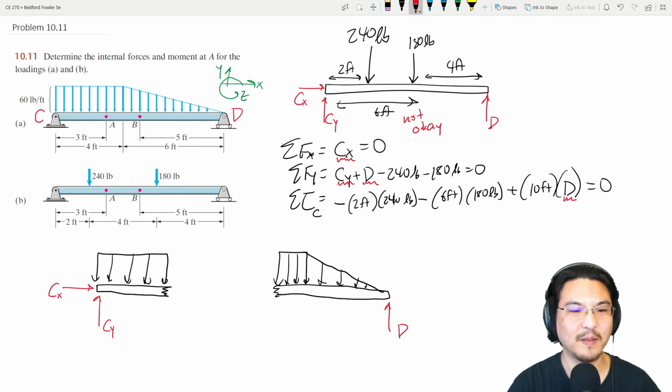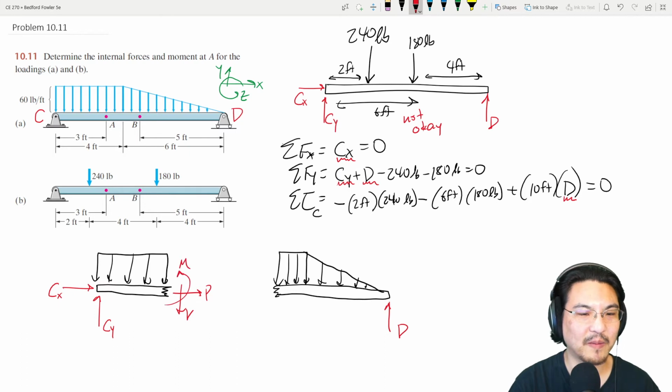And by cutting it, we reveal the internal axial force, shear, bending moment.